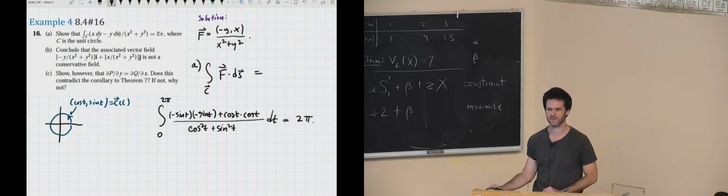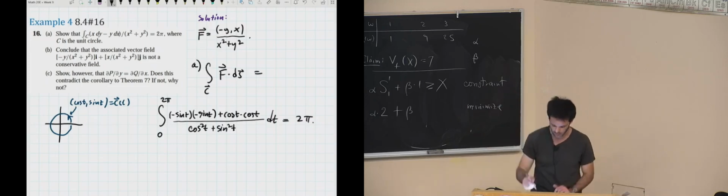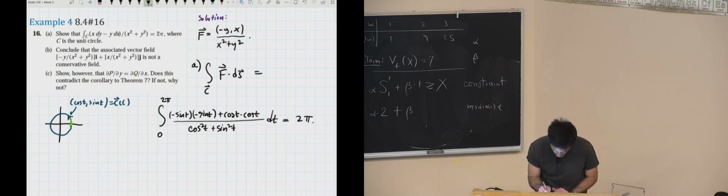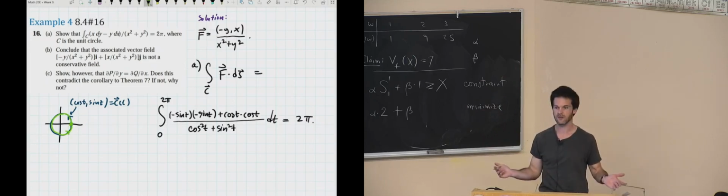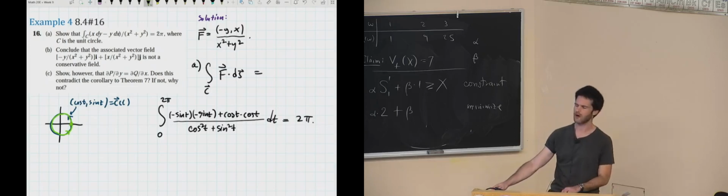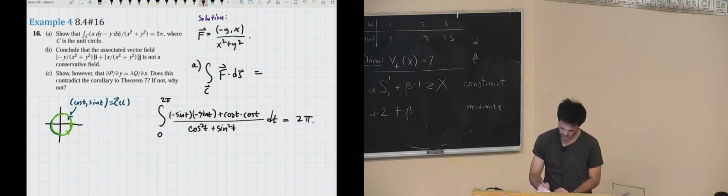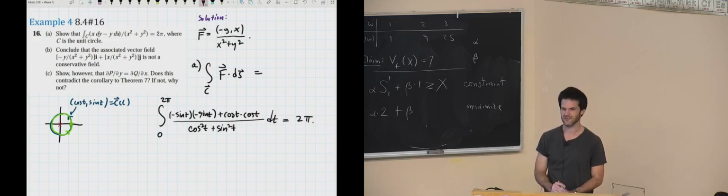So it would seem this function could not possibly be a gradient, because we integrated around a closed loop, right? We started right here, went around the circle, and ended up back at the same place, and we did not get 0. Well, what's going on here? There's something weird about this function. It's got a singularity at the origin. It blows up at the origin, and crucially, our path encircled the origin.